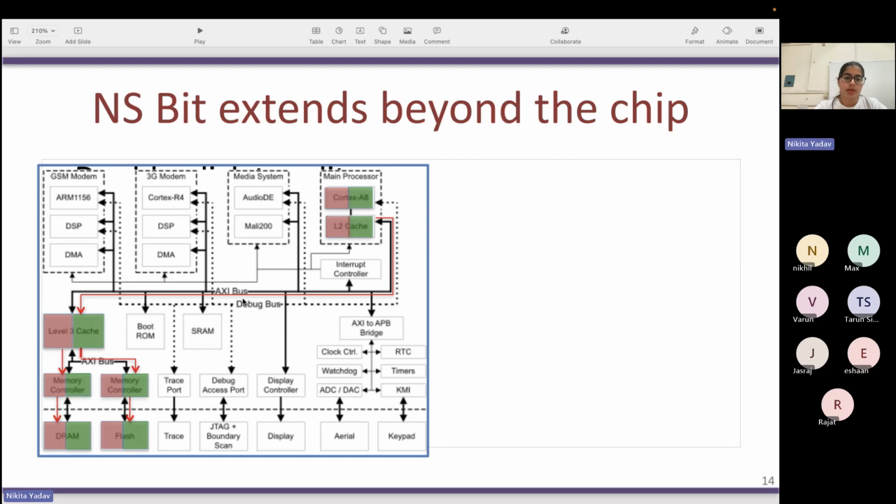So that's why this information is being propagated here, because we want to ensure that if a normal world application is running on the processor, then that application cannot access the secure world memory.